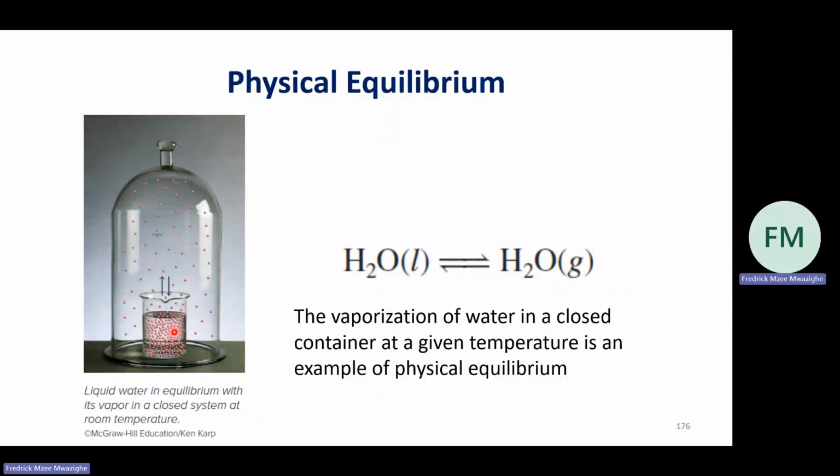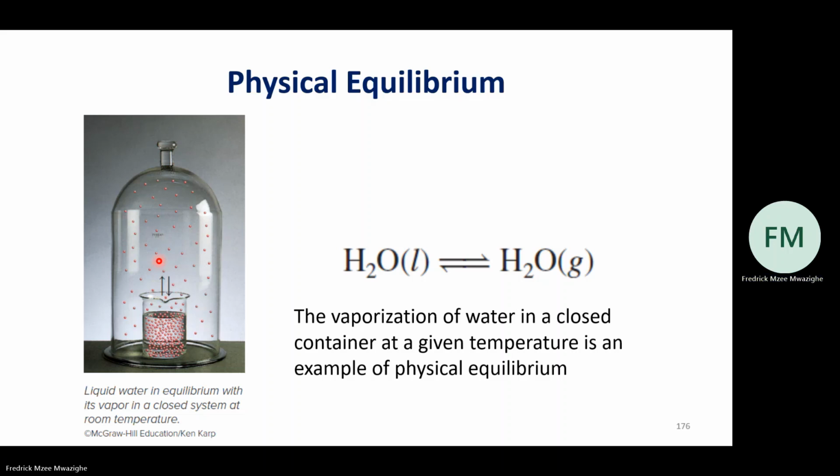So that means although the water can escape from the beaker, it does not completely escape from this enclosure here. So at a given temperature, even at room temperature, there is a tendency of water vaporizing. So you have the vaporization taking place.